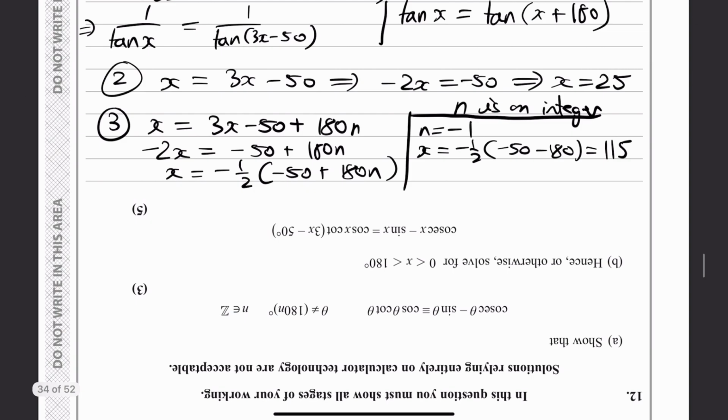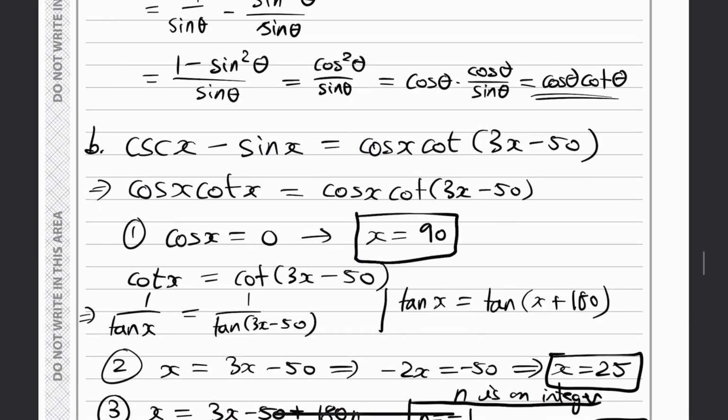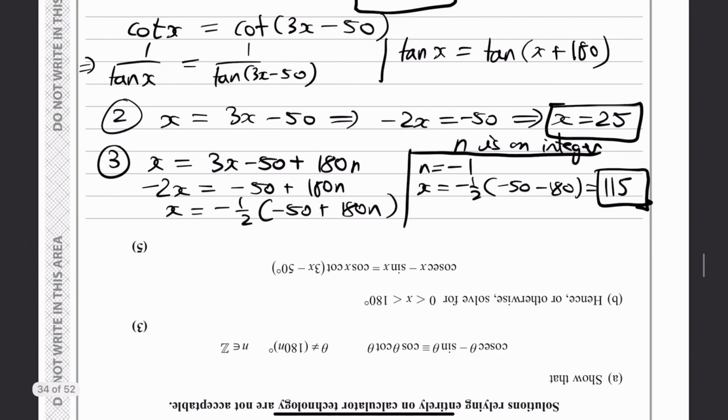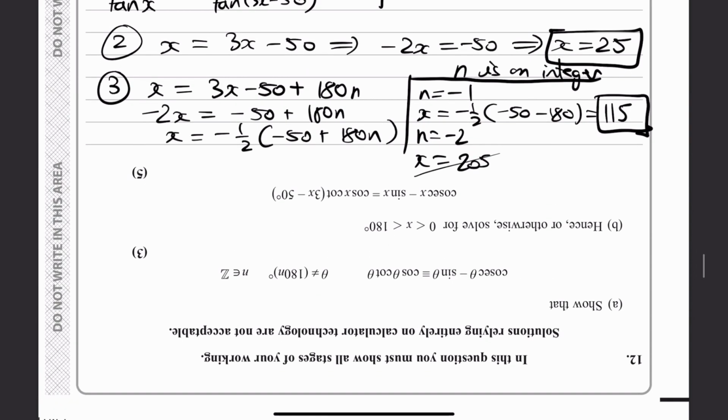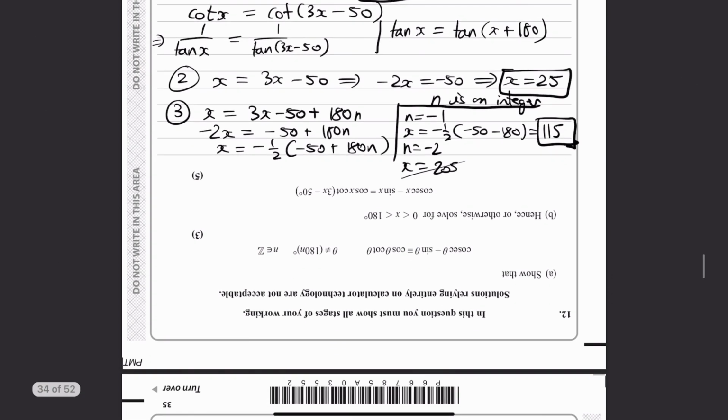Okay, so I'm just going to box my solutions. We got 25, 115, and 90. Let's see if we can get another one. If we put n equals minus 2, just put this straight into my calculator, times 2. Oh, so now we get 205. That is outside the range, so we can't have that one. So we have 3 solutions: 90, 25, and 115.